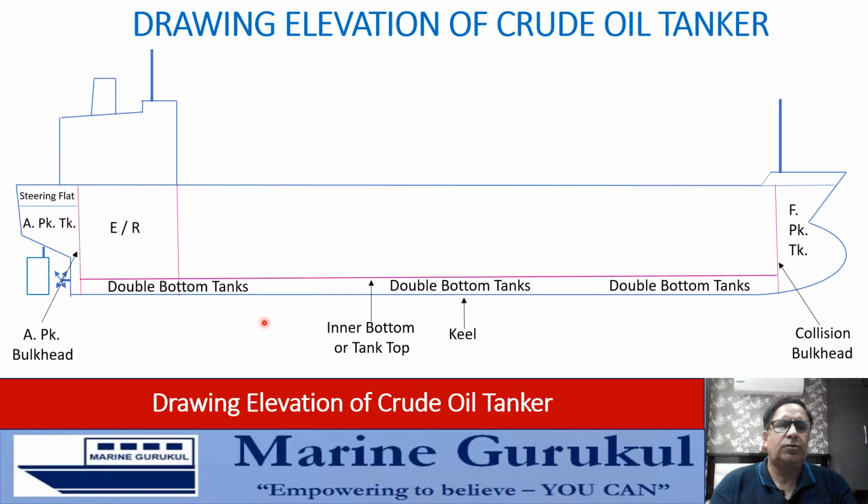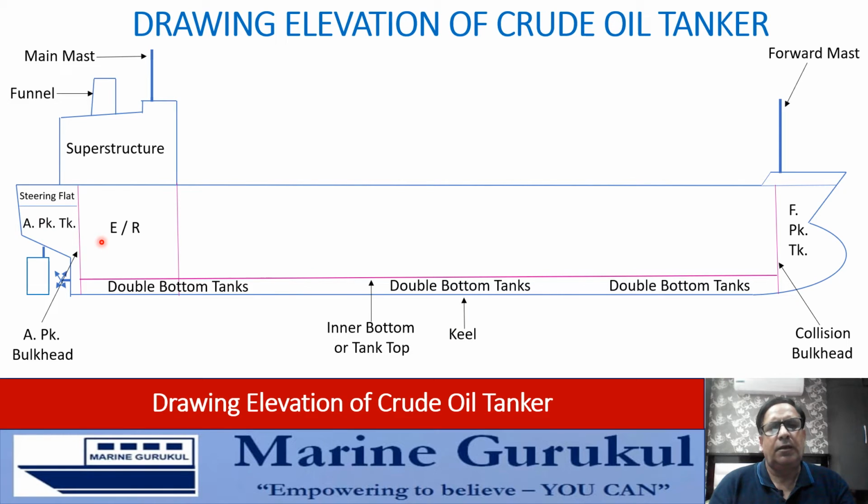We have the engine room here or the machinery space. Then we have the forward mast. We have superstructure. We have funnel. And we have the main mast. Until now, it is exactly the same as the profile of a general cargo ship. The changes would be in this part, that is the cargo carrying part of the vessel.